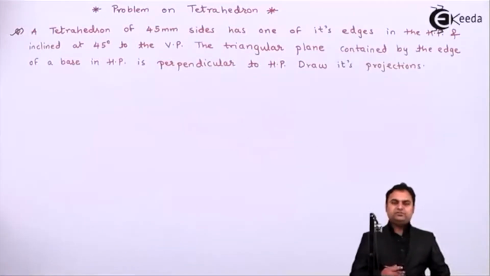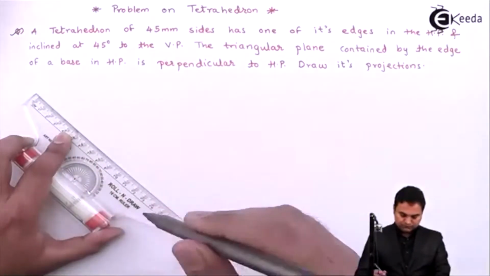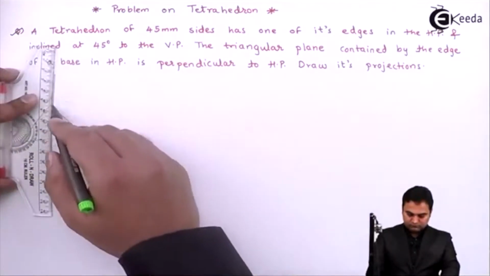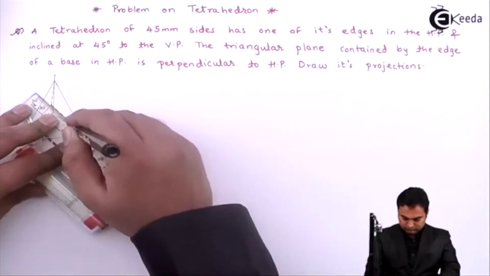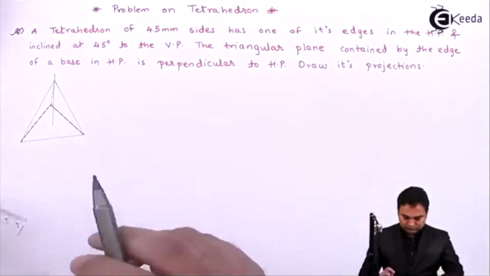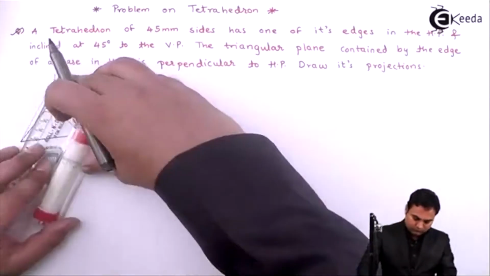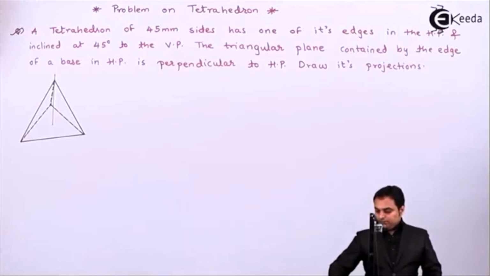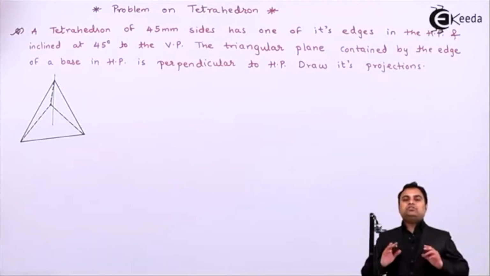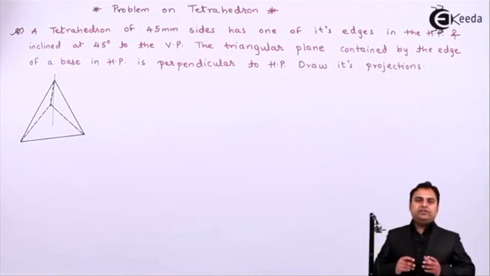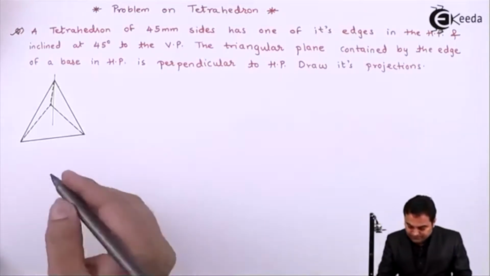First, by reading, we understood that the type of solid is a tetrahedron. I'll draw the diagram for it. Now, tetrahedron is a solid in which all three faces are in the form of an equilateral triangle, and even the base is in the form of an equilateral triangle.